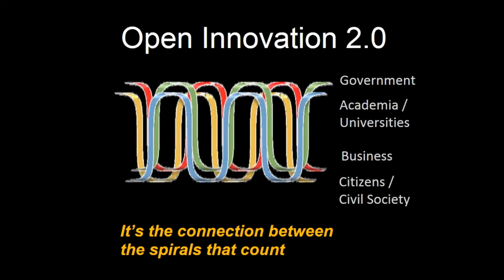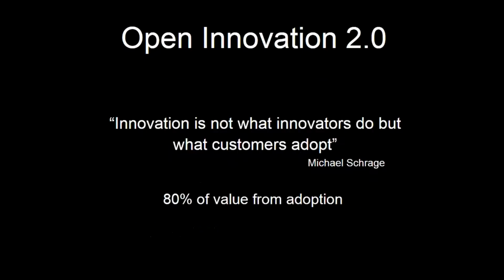Sometimes this gets referred to as a quadruple helix model, which brings together government, academia, business, and citizens into the innovation setting to work together. And building the connections between them is one of the most important things here. And this is driving towards ideas of adoption.